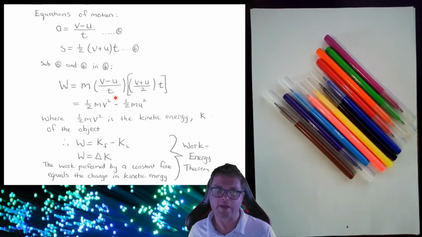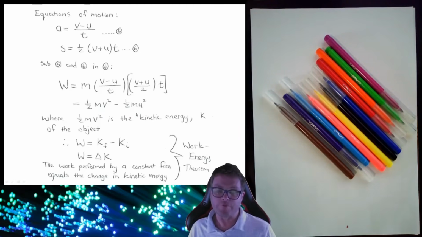And then the t terms will cancel out. There's a t at the bottom and a t at the top. And we'll have a factor of half remaining, as well as a factor of m remaining. So our expression then is the work is equal to half mv squared minus half mu squared.